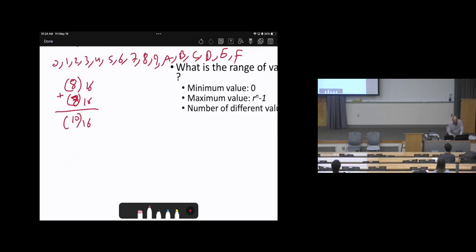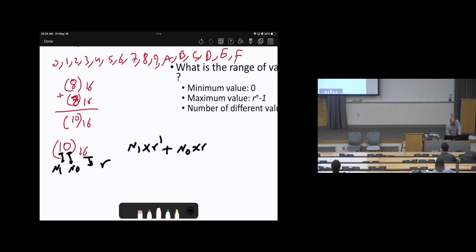How can we analyze this 10? Let's analyze it according to the radix point representation. This location is N1, this location is N0. So it's going to be N1 times R power 1 plus N0 times R power 0.